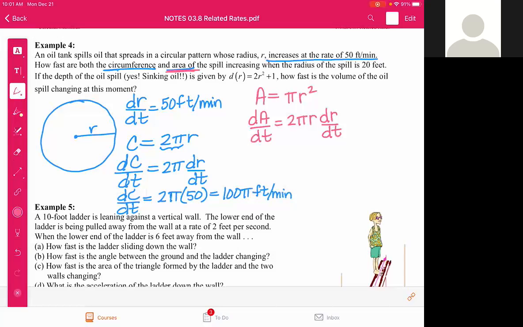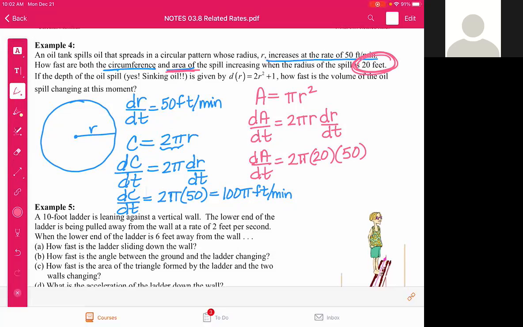Okay, so now we plug in everything we know. dA/dt equals 2 times pi times the radius. Well, that's our opportunity to plug that 20 in, times the 50 that we had before. So 2 times pi times 20 times 50 is going to be, let's see, 50 times 20 is like 1,000.